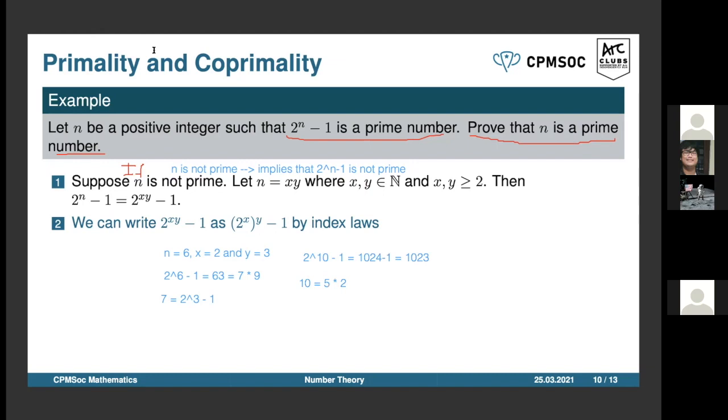Now we can try to see whether or not 1023 is prime. It turns out it is not prime because it is divisible by 31.